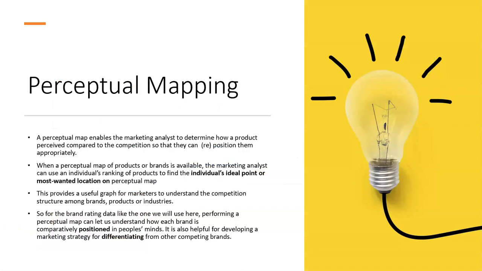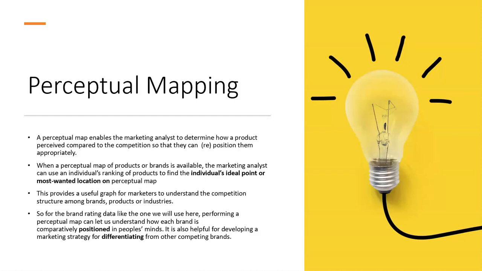So, a perceptual map enables the marketing analyst to determine how a product is perceived compared to the competition so that they can reposition or position them appropriately. It also helps to find the individual's ideal point or most wanted location on perceptual map.